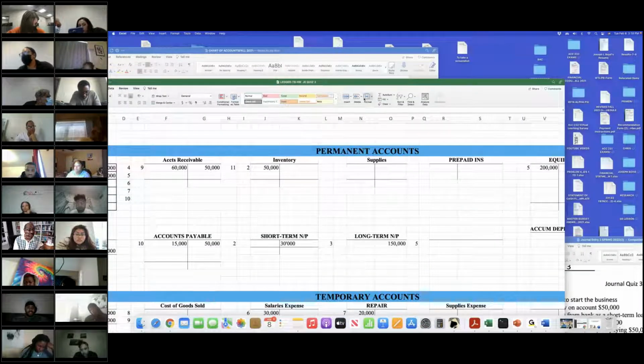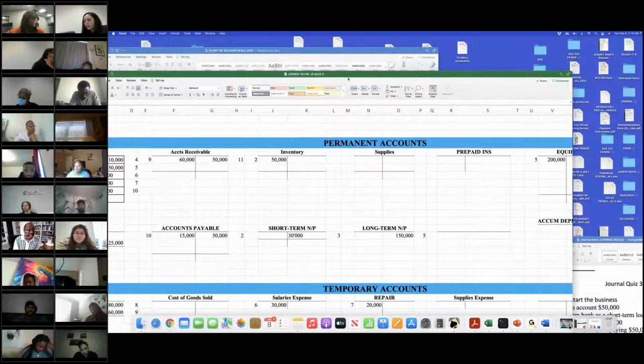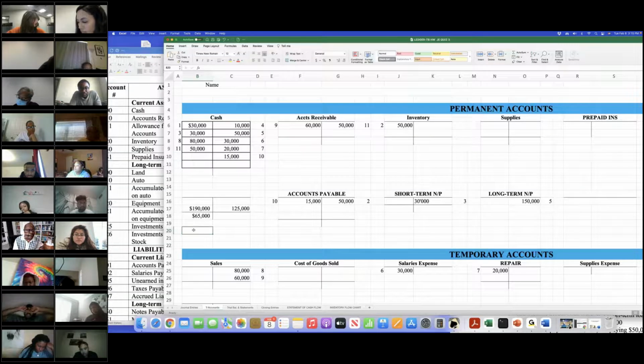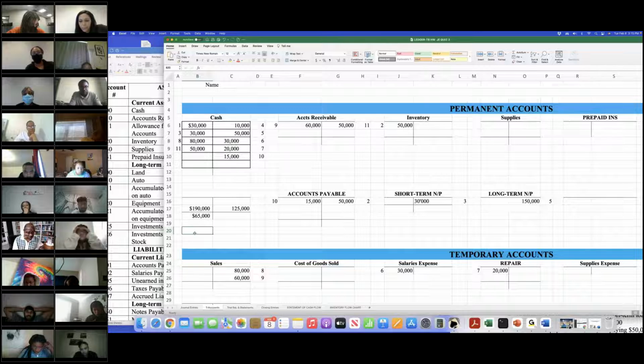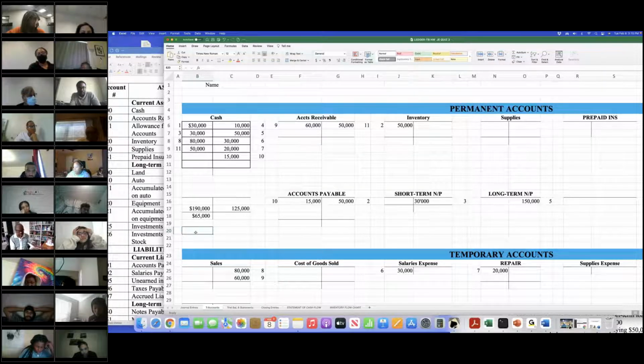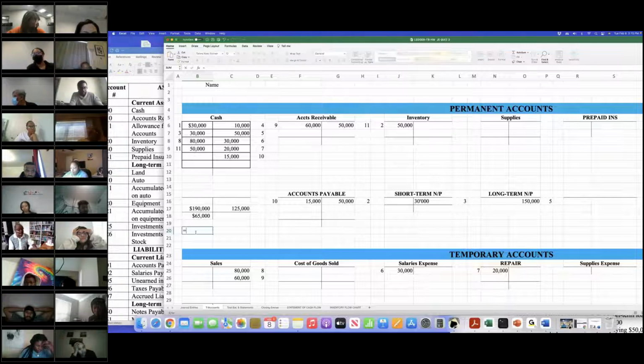Now, hopefully you can see this. I've expanded. Can everybody see? I'm going to put the formula here. Can everybody see this? All right, to do a formula, the first thing we do is hit equal. You put an equal sign in. Then you go up there and you close the parentheses.